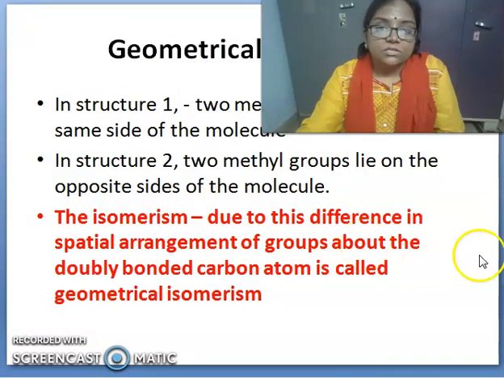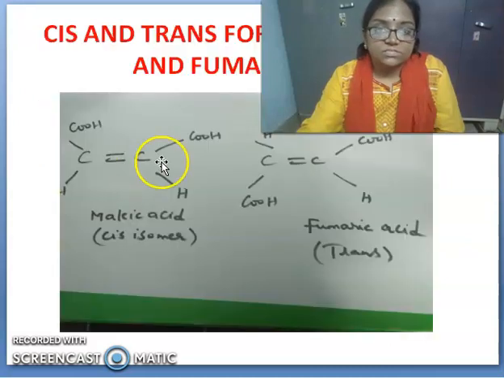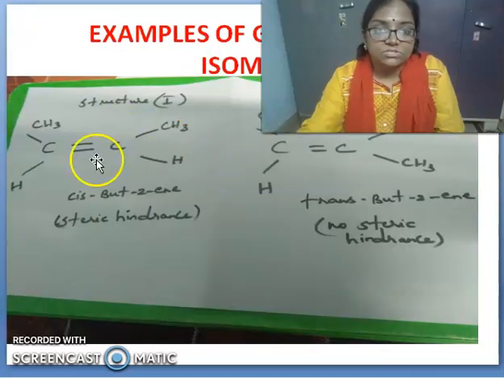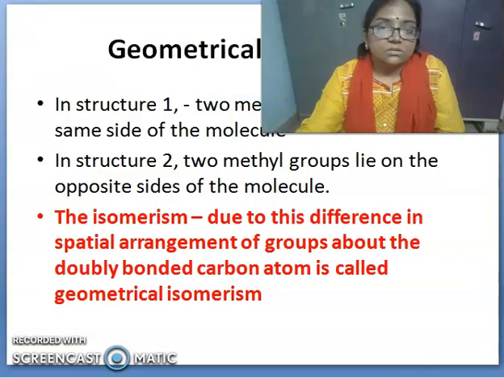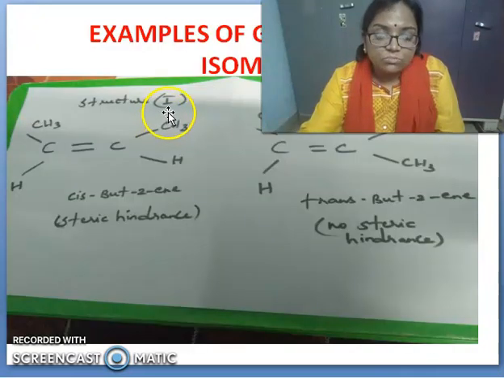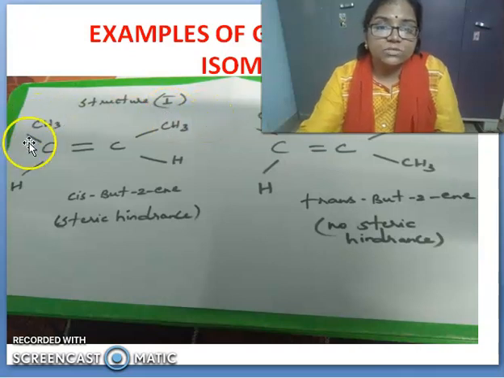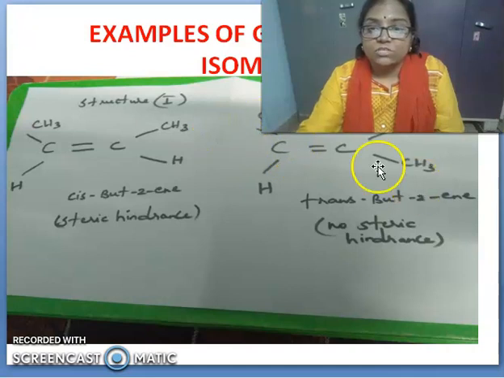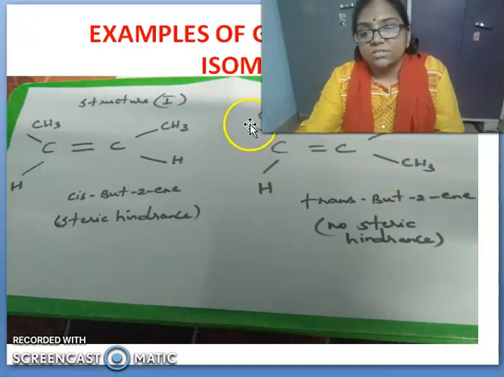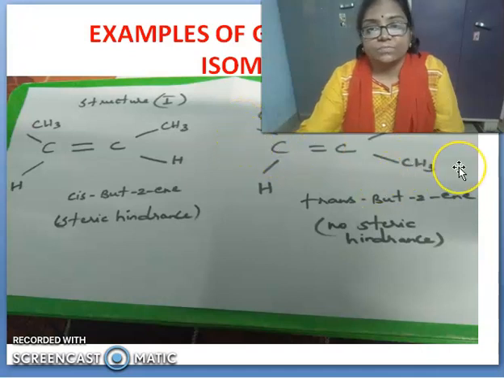And then in structure 1, that is in this structure, the two methyl groups are lying on the same side of the molecule. See here, the two methyl groups are lying on the same side of the molecule. Here the two methyl groups are lying opposite, they are placed trans to each other.